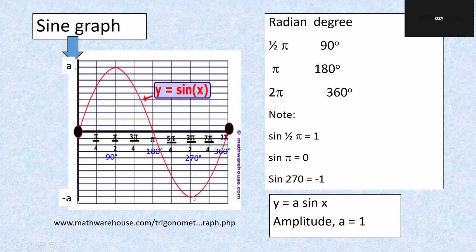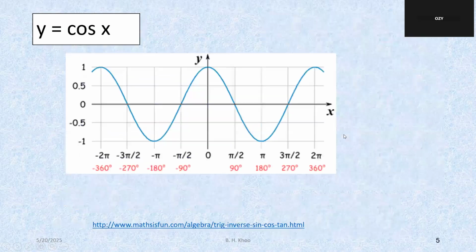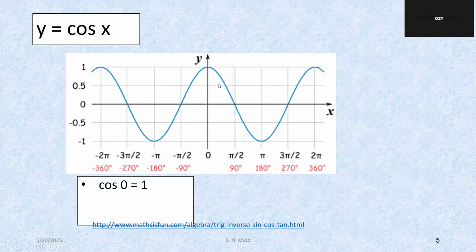Sine 270 degrees is minus 1, or minus a if you are using this equation. This is a cos graph. Cos 0 is 1. Cos 90 degrees or half pi radian is 0. Cos pi is minus 1.